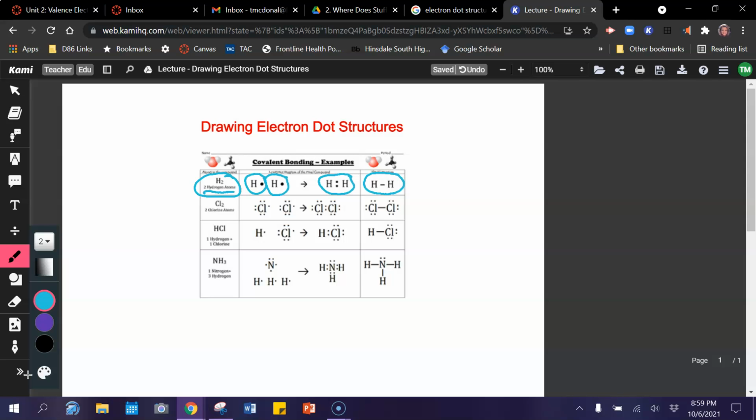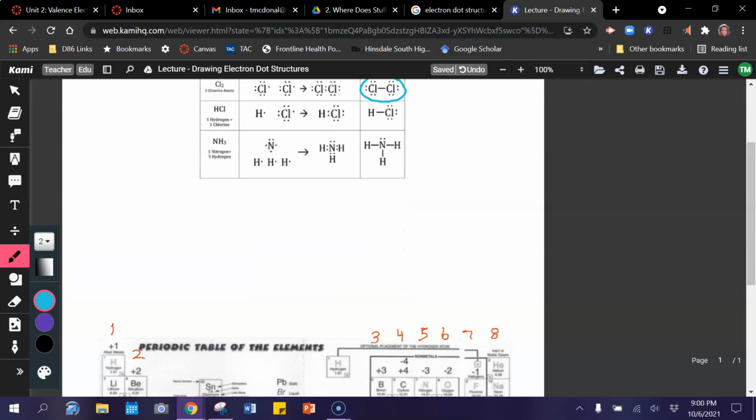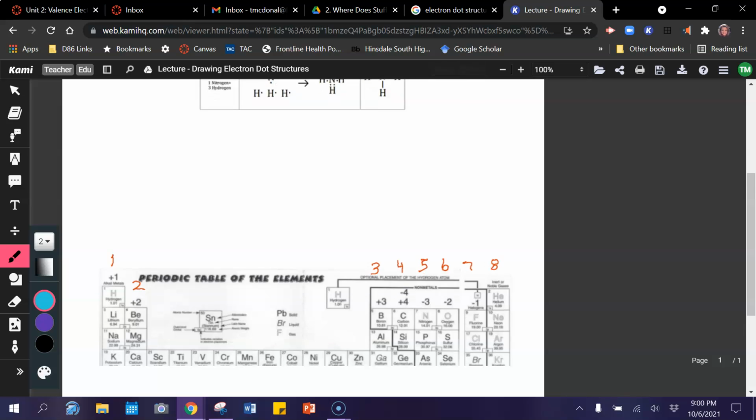If you look at the molecule below, which is a molecule of chlorine, you'll see that we have a dash, but some of the dots are going to stay. And the way that you draw your electron dot structure for each element is going to dictate which dots stay and which ones go.